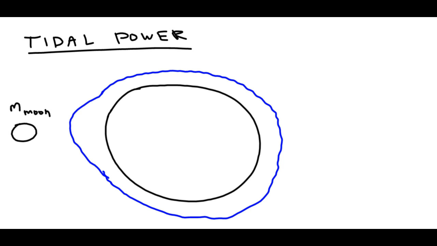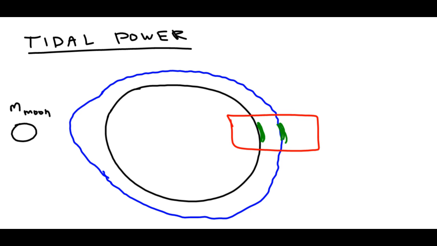And guess what? There's a similar effect being produced at the other side, over here. Except for this, the water at the bottom is now closer to the moon. It's pulled more strongly. The water at the top is farther from the moon than the bottom water, causing the top water to feel a slightly noticeably smaller force than the bottom water.